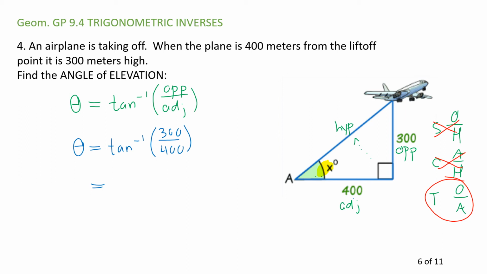Inverse tangent of 300 divided by 400. There it is again. It's actually 37 degrees. And of course, I knew that because this is a 3-4-5 triangle, and I happen to know the angle measure for a 3-4-5 triangle.